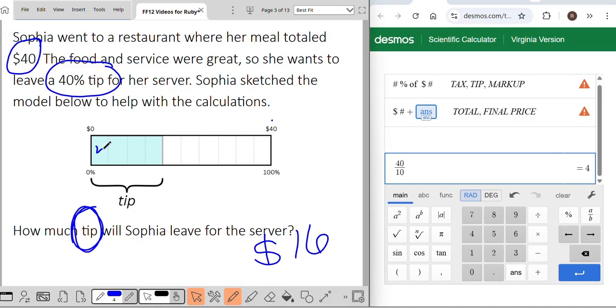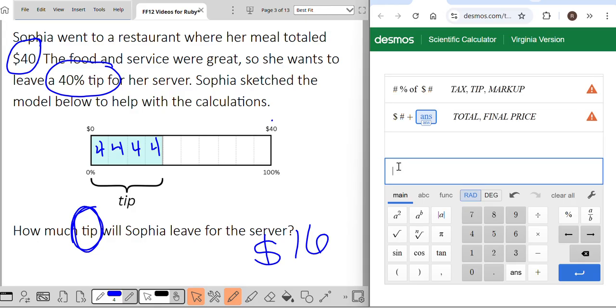So let's go ahead and pretend we're going to put 4 in each one of those blocks, which is 10, 20, 30, 40%. Well, if you add 4 fours together, you get 16. So that's how you could do it using the model. But I would basically just do it in the calculator first and then answer the question using the model.